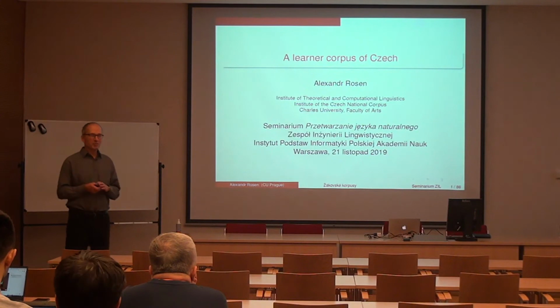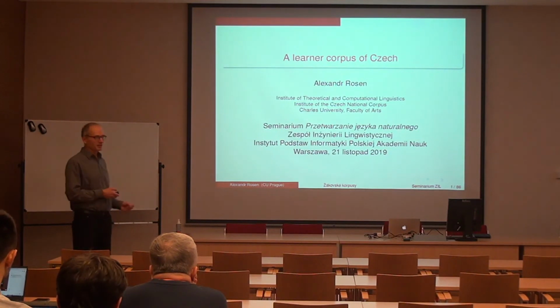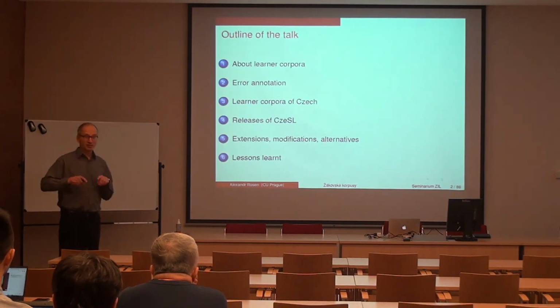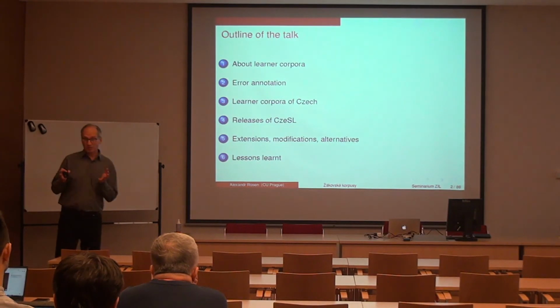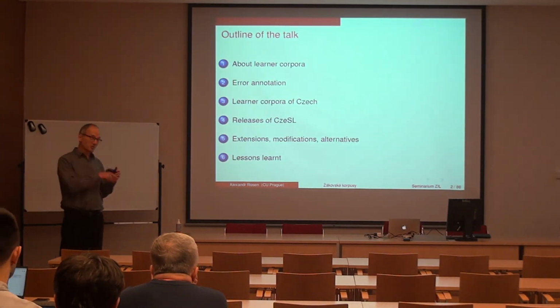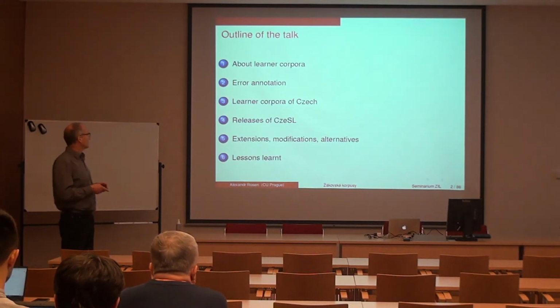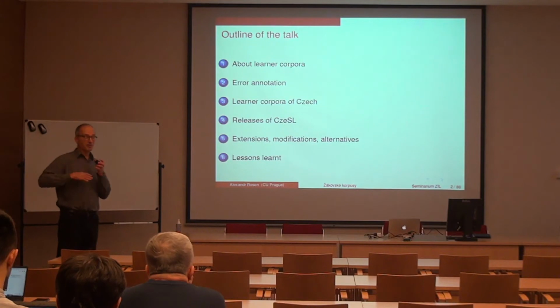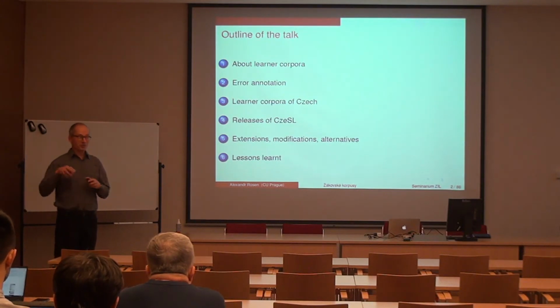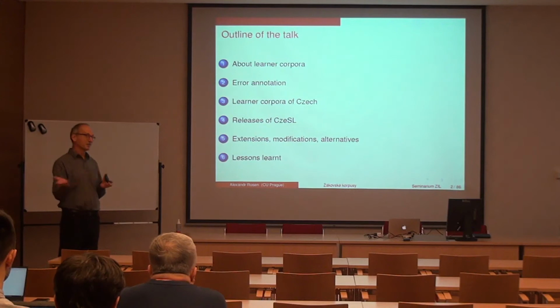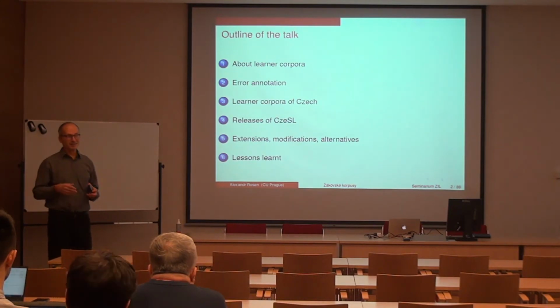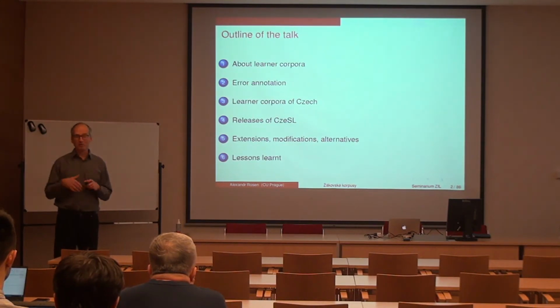Okay, so today it's about learner corpora and specifically about a learner corpus of Czech. I'll speak first about learner corpora in general, then about error annotation, which is something specific to learner corpora, then about those Czech learner corpora. Then we have various releases of something that has been annotated a long time ago, and we somehow couldn't figure out how to properly present it for users.